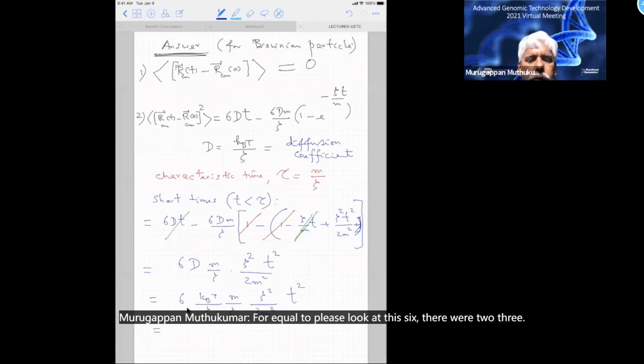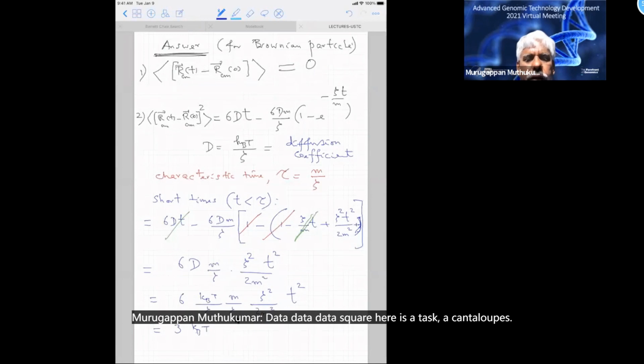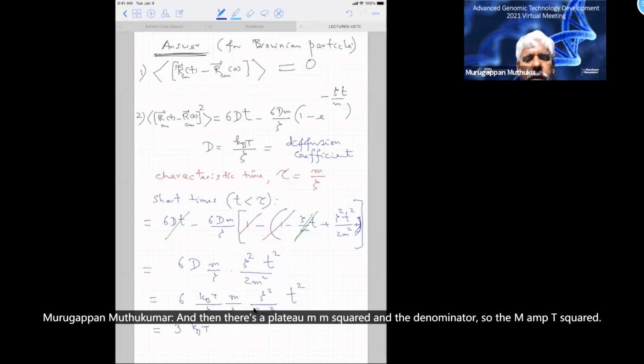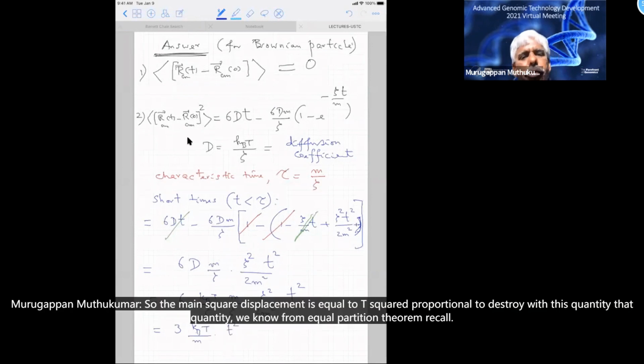Please look at this: 6 divided by 2 is 3, and kBT appears here. Zeta square cancels with zeta square, and there is a factor of m squared in the denominator. So the mean square displacement is proportional to t squared with this quantity.